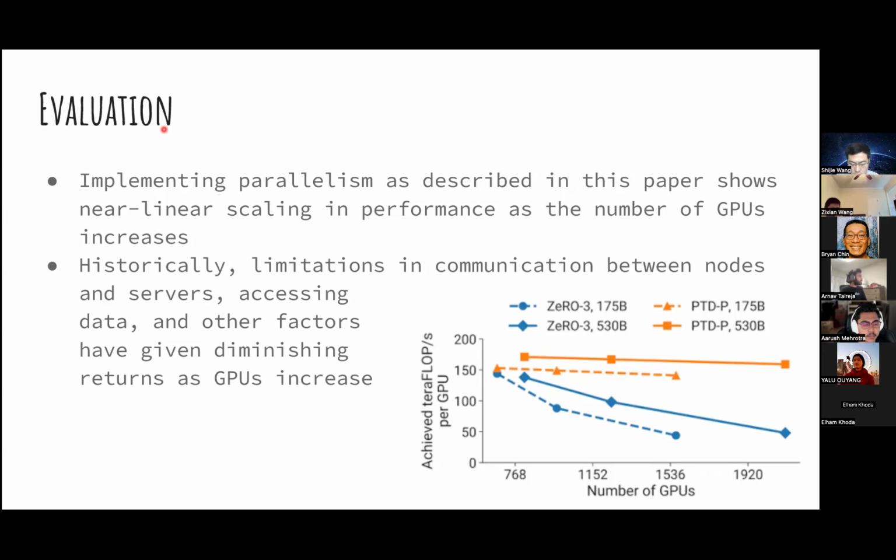And that begins with the key observation, as you can see in the graph on the bottom right. The orange lines were with parallelism added, and the blue lines below show how historically, when you add more GPUs, you get diminishing returns for each GPU trying to do the same task.